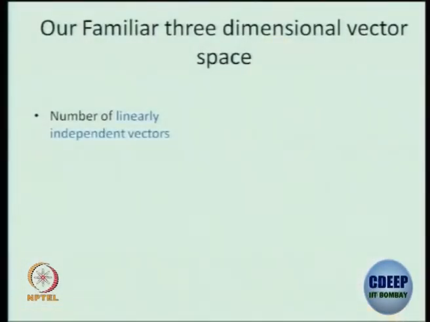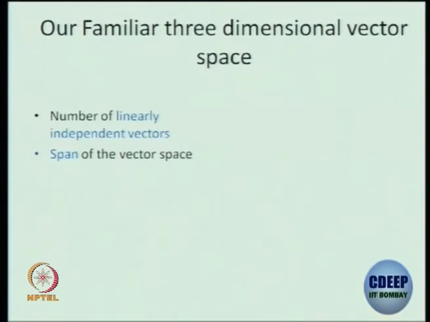Okay, so just to put it in the form of a flow chart or a set of points, you can look at least in 3 dimensional space, in this physical space, how many linearly independent vectors you will have, right? I have said here 3 dimensional vector space, which is what we mechanically talk of as x axis, y axis and z axis.